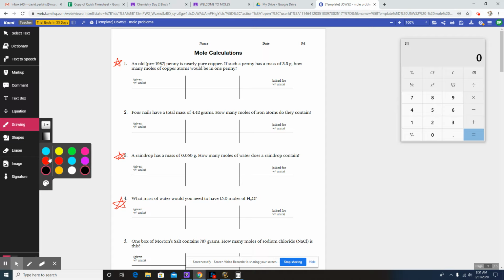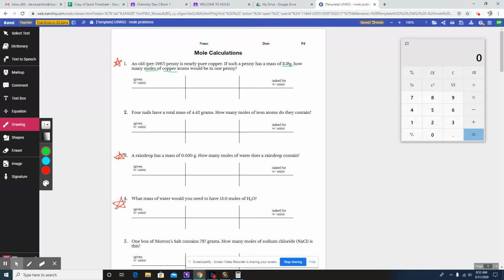Okay, so the first thing in this worksheet that we are going to need to sort out is useless information versus useful information. So let's go ahead and do that. An old pre 1987 penny is nearly pure copper. If such a penny has a mass of 3.3 grams, how many moles of copper atoms would be in one penny? Okay, so a lot of information here, but really the only thing that we need to look at is 3.3 grams of copper, and we're trying to find moles.